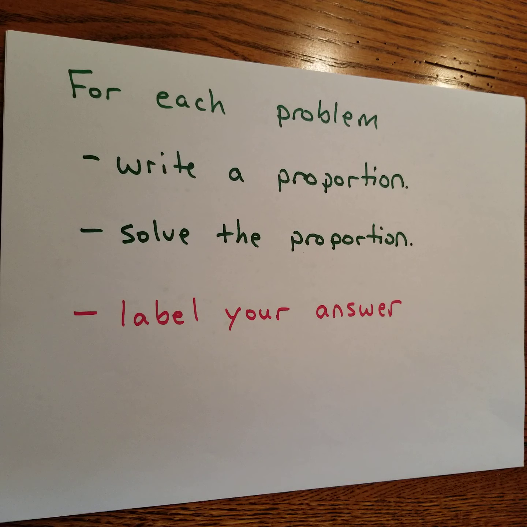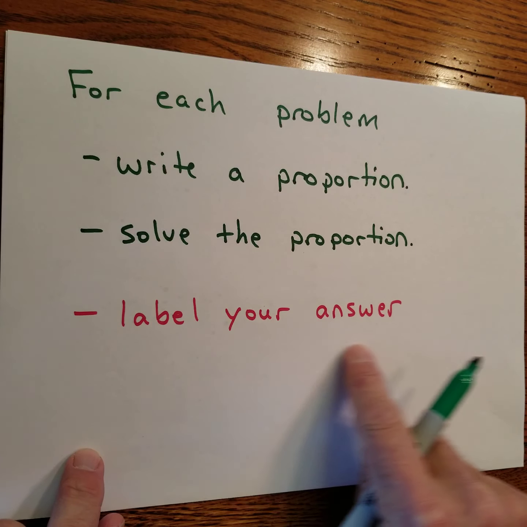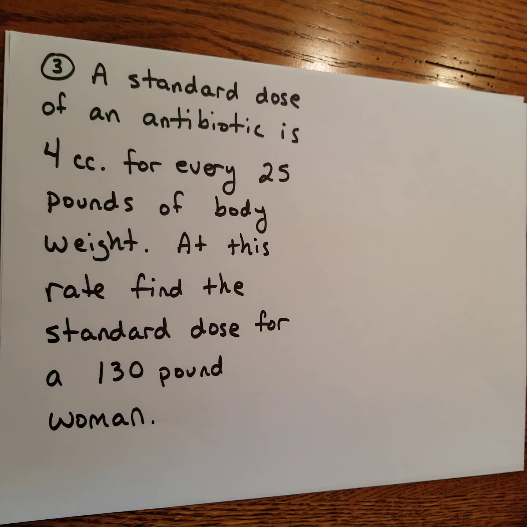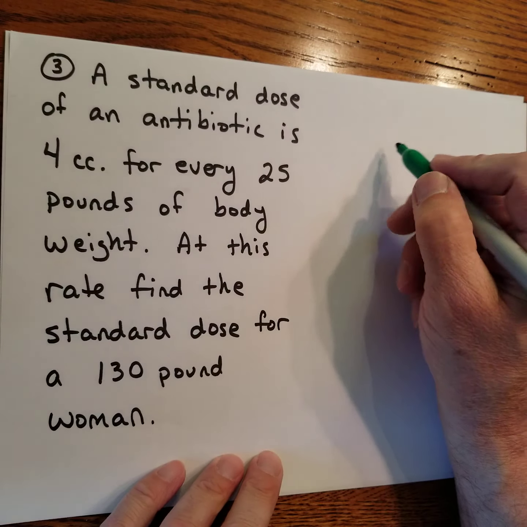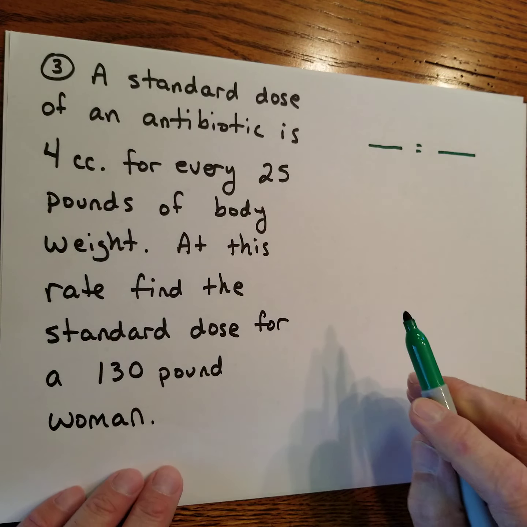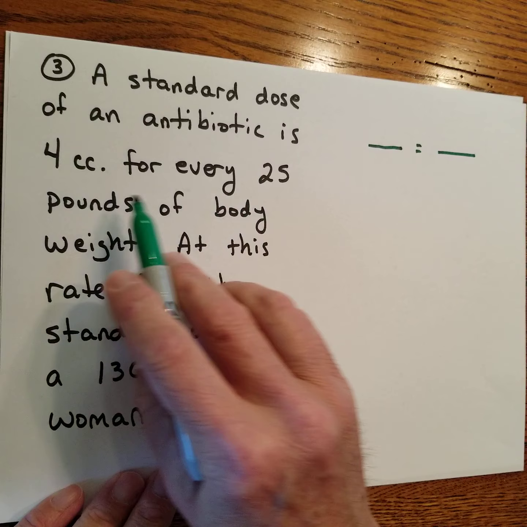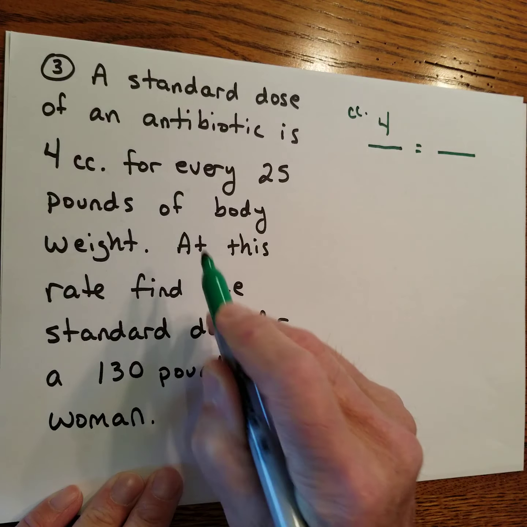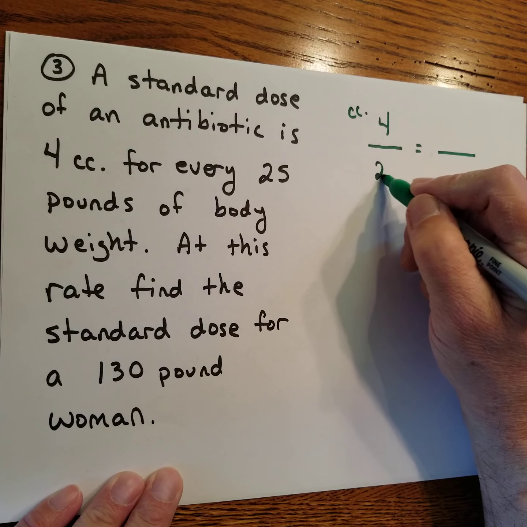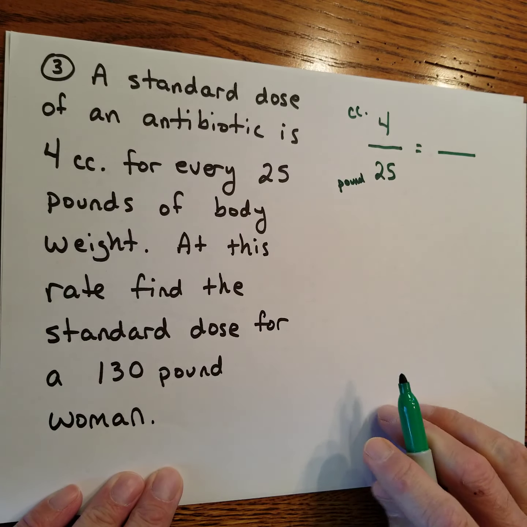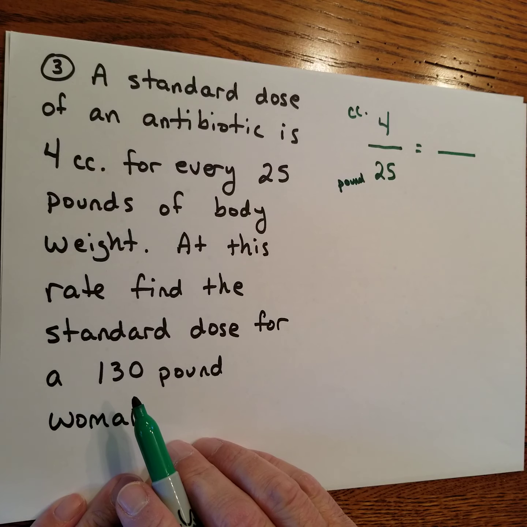For the next 2 problems, I am to write a proportion, solve the proportion, and as always, label that answer. Let's get that proportion ready. A standard dose of antibiotic is 4 cubic centimeters for every 25 pounds of body weight.